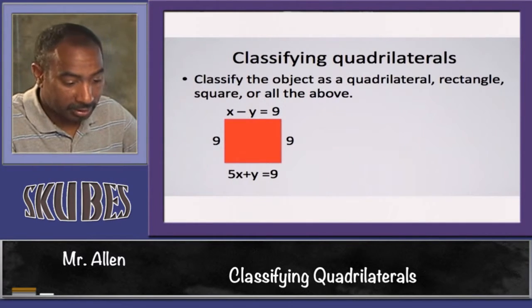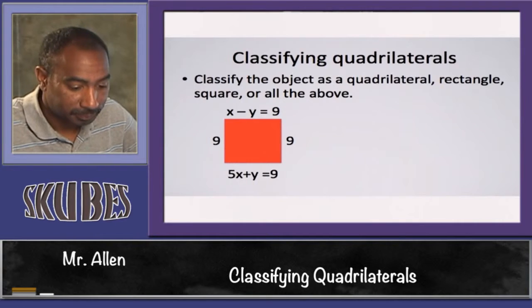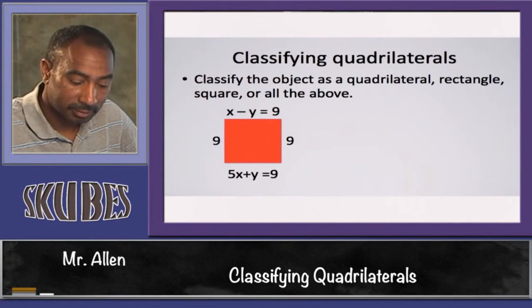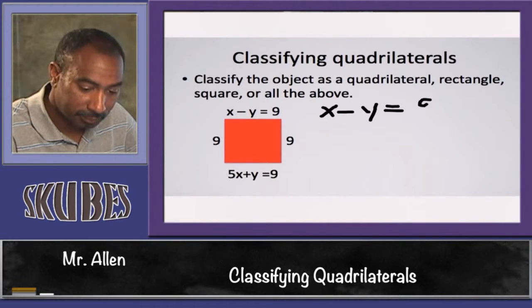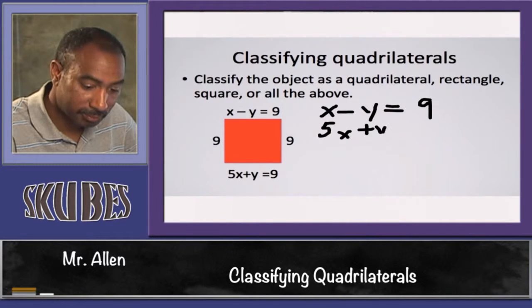Classify the object as a quadrilateral, rectangle, square, or all of the above. Well, let's see, 9 and 9. The opposite sides are equal. That's good. That looks like it's going to be all of the above, but we have to test out the base. So I get x minus y equals 9. And my other equation is 5x plus y equals 9.